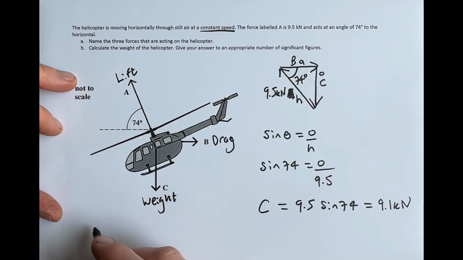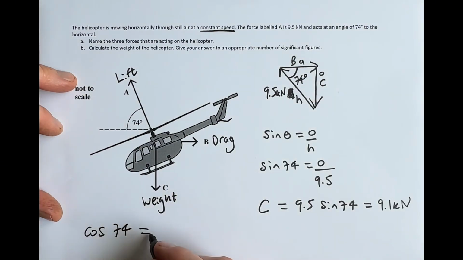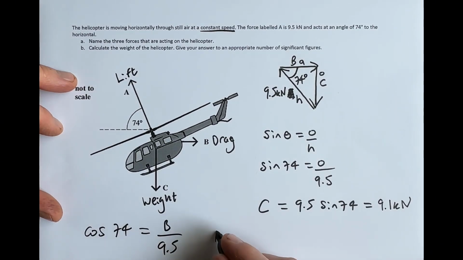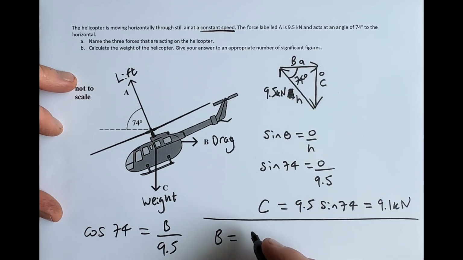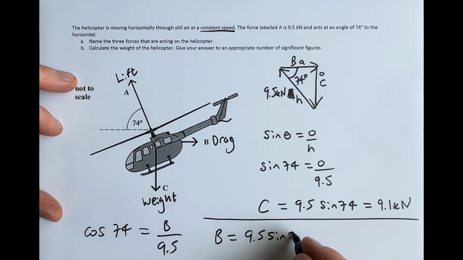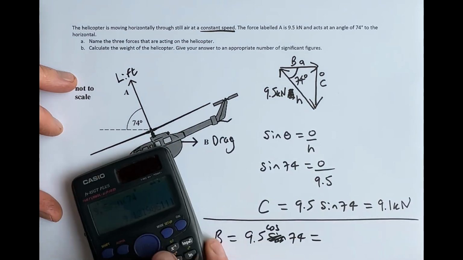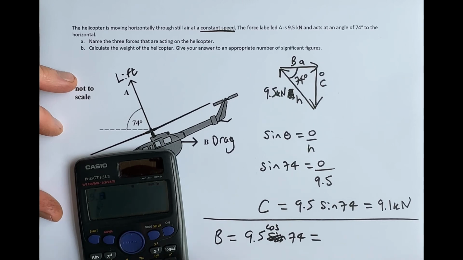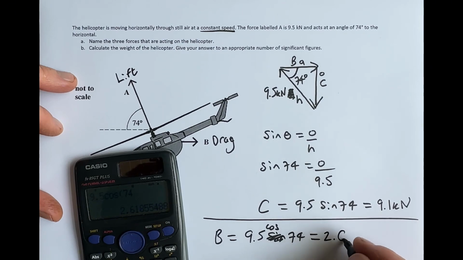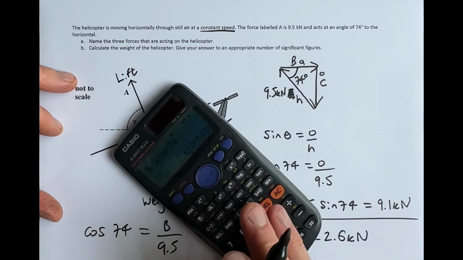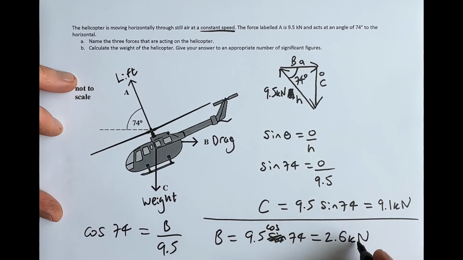So to work out the drag B, we know that cos of 74 is equal to the adjacent, which is force B, divided by 9.5, and therefore B is equal to 9.5 cos 74, which gives you 2.6 kilonewtons. And that's that one done.